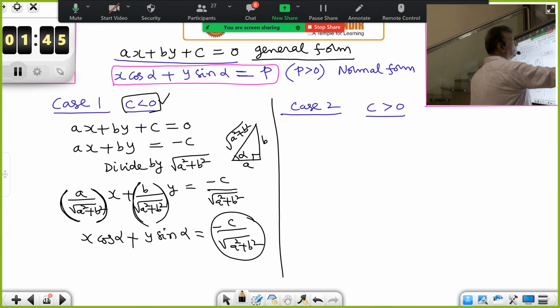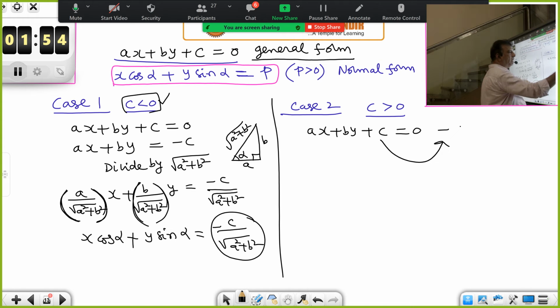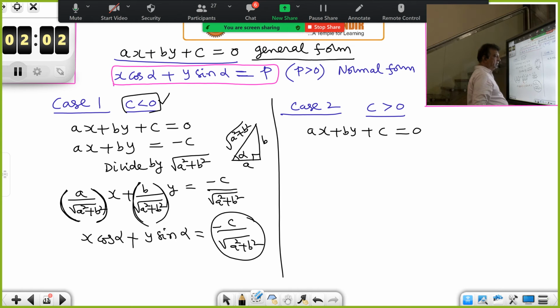Second case, what do we do? Ax plus by plus c is equal to 0. C is positive, so if c goes to the right side, it becomes minus c, it becomes negative. So therefore, ax plus by will go to the other side.